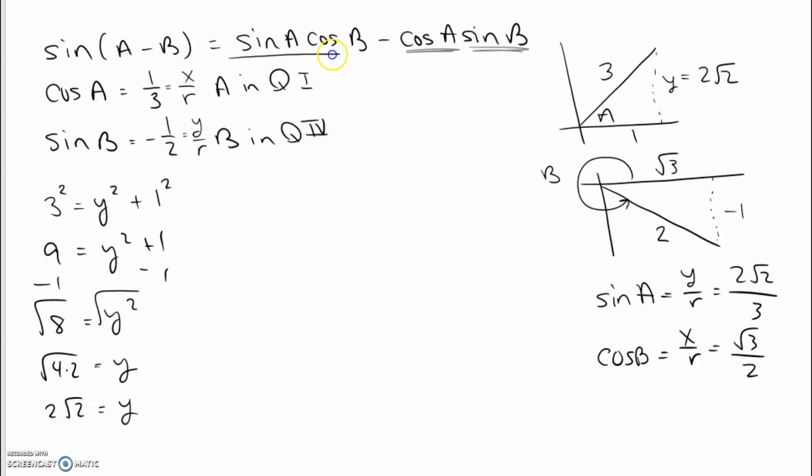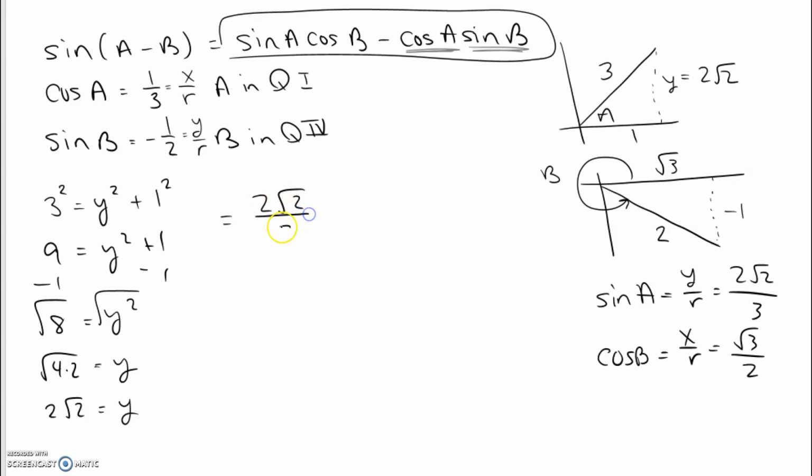Well, then I'm going to plug everything back into this formula here. So I got sine of a, 2 square root of 2 over 3, times cosine of b, which is square root of 3 over 2, minus cosine of a, they said was 1/3, and then sine of b, they said was negative 1/2.